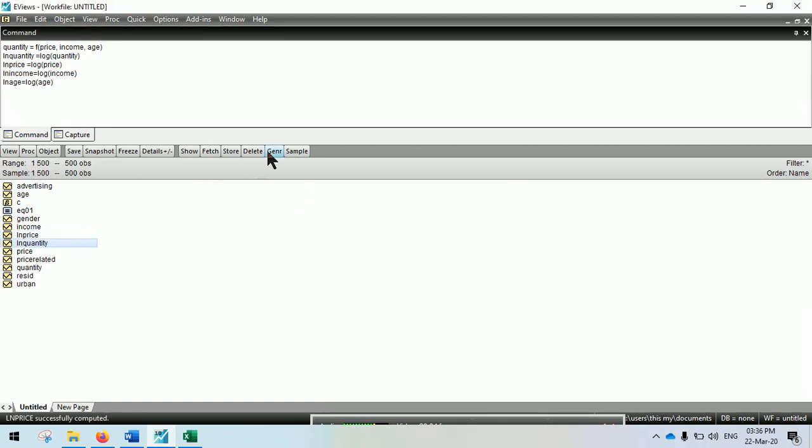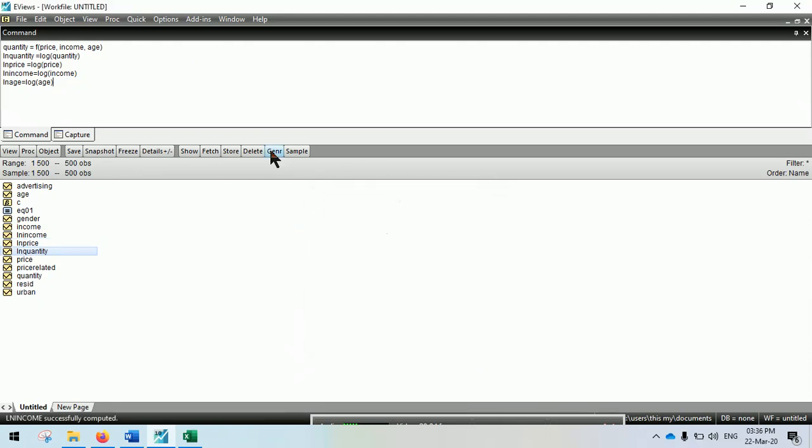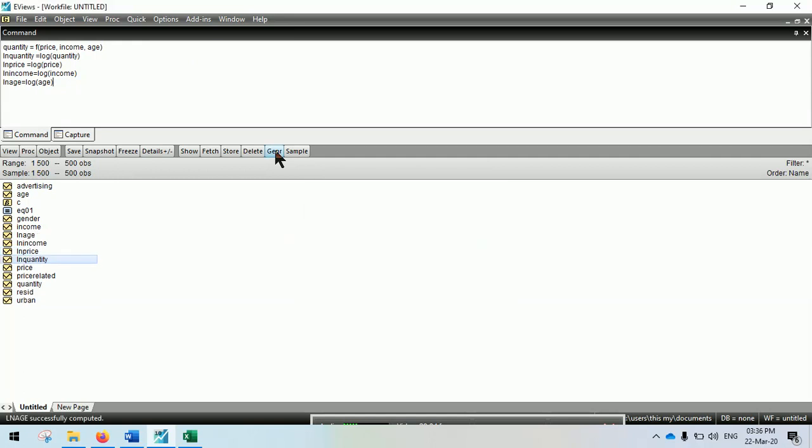Then another one, generate ln income equal log income, and the last, generate ln age equal log age. So now I do my equation.